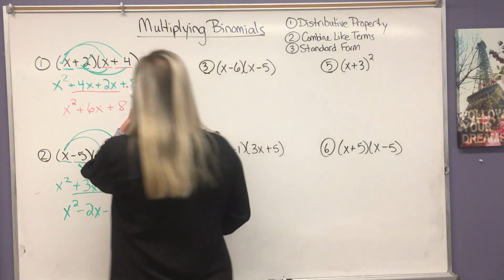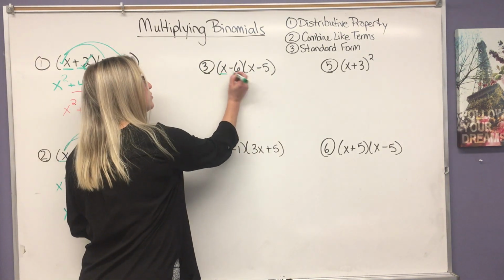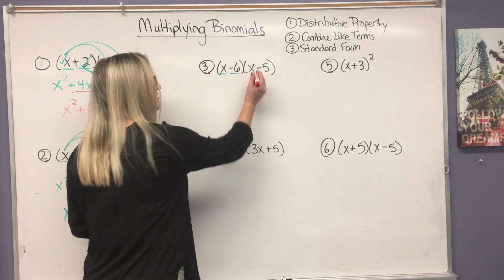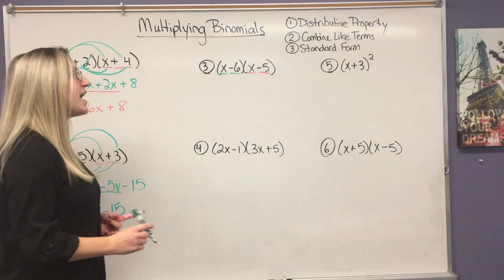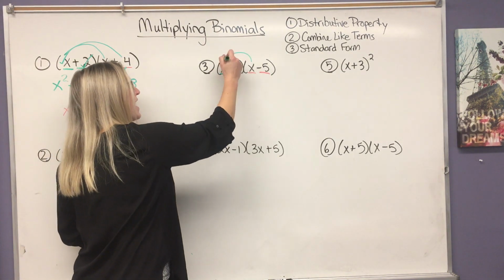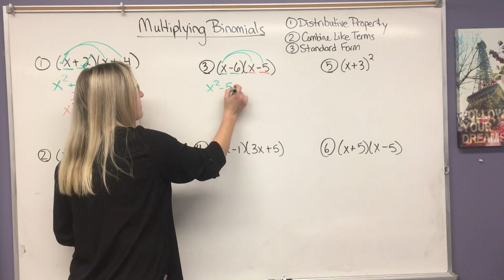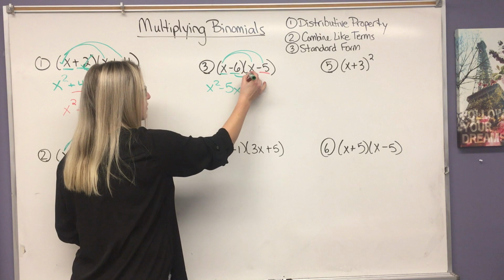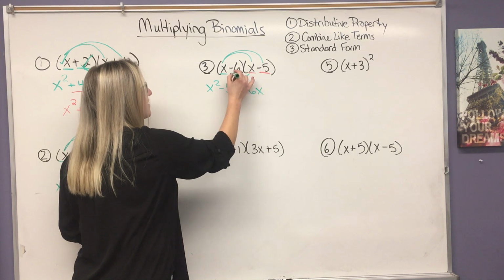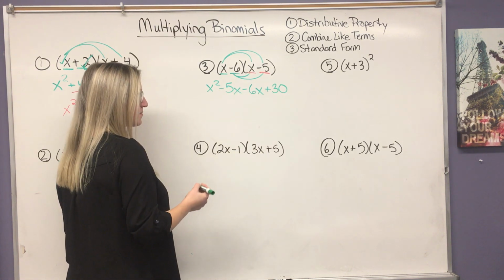So now let's take a look at number 3. Same scenario. I have two terms in the first parentheses and two terms in the second parentheses. So x is going to get multiplied to x and then negative 5, so x squared minus 5x. Then I take my second term, which is a negative 6, multiply him to x, and then also to negative 5, which makes a positive 30.